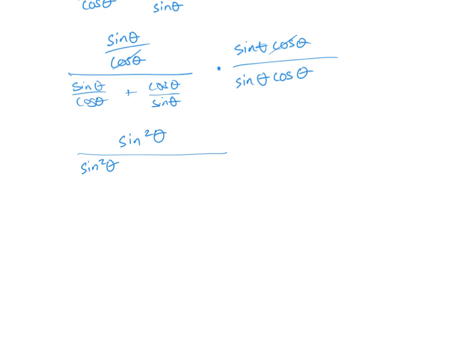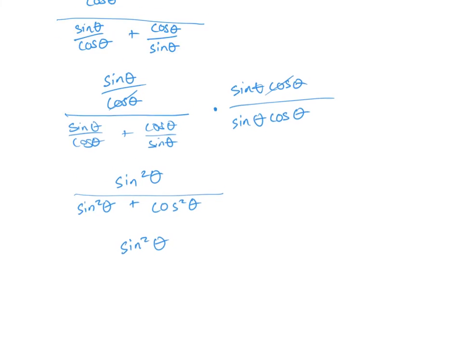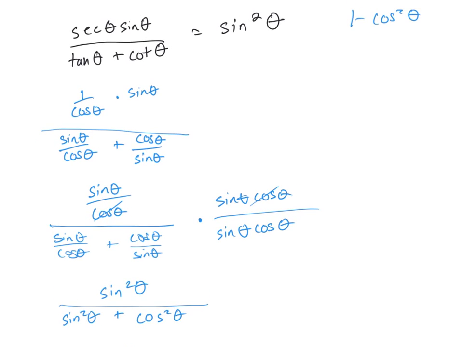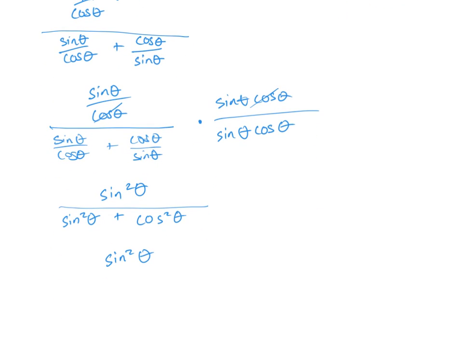In my second term, the sine of theta cancels out, so I have cosine squared of theta. Oh, and look at here. Sine squared of theta plus cosine squared of theta is equal to 1. So this is equal to just sine squared of theta. And that is what we were supposed to find. And we're done.